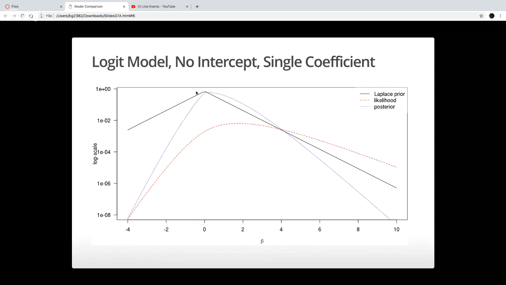So yes, the posterior mode is at 0, but the posterior mean is not 0. The posterior mean is probably going to be some number between 0 and 1. The posterior median is not 0; that's going to be some positive number. The posterior distribution in general is not very concentrated at 0.